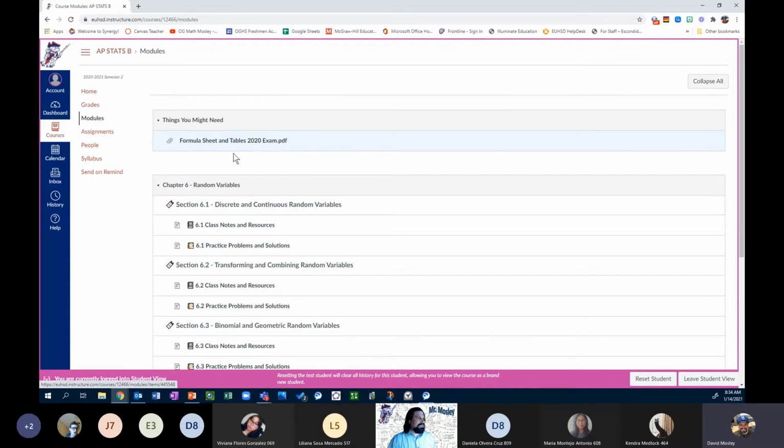We will be needing to use things such as table A moving forward in section 6.1 in chapter 6, and obviously in future chapters. And some of these formulas will be useful. This formula sheet does not contain all the formulas that you have used in this class, but it contains some of the more important ones. Other ones you're just going to have to remember.